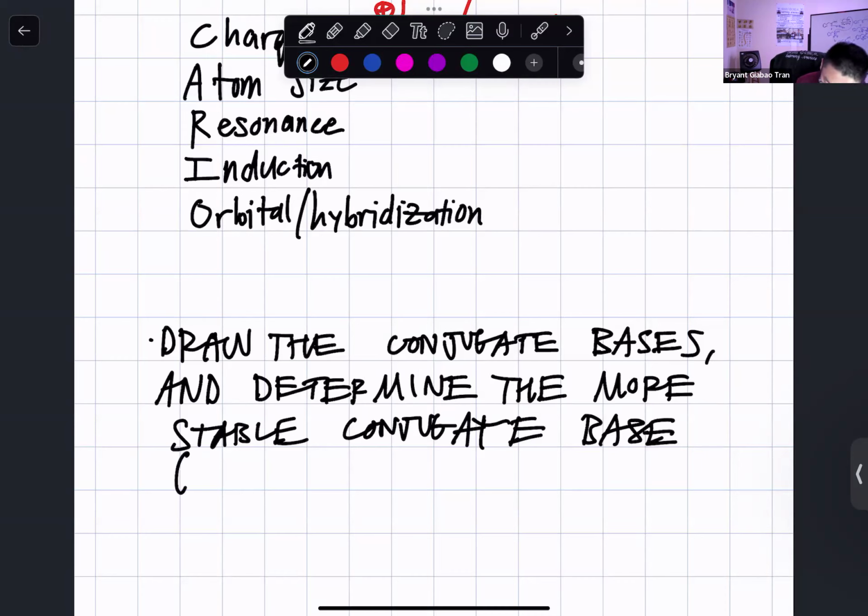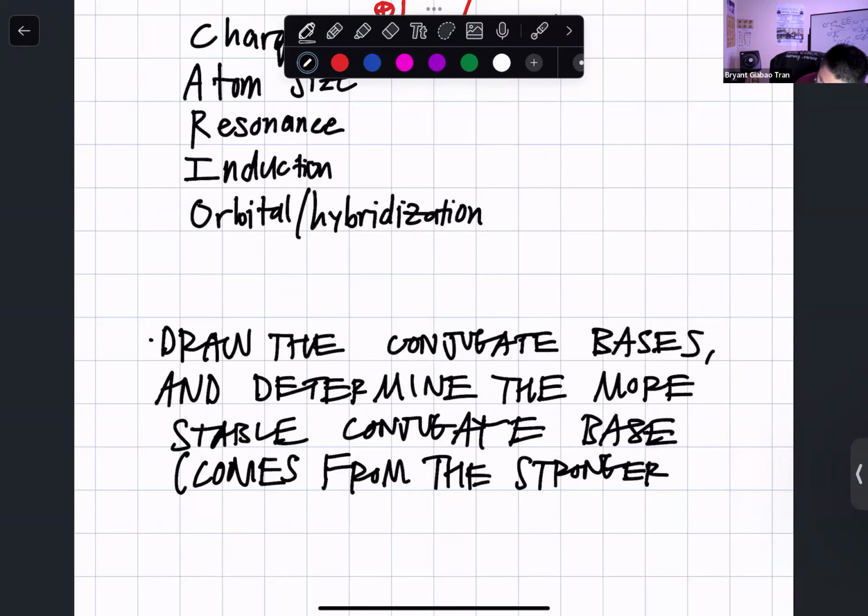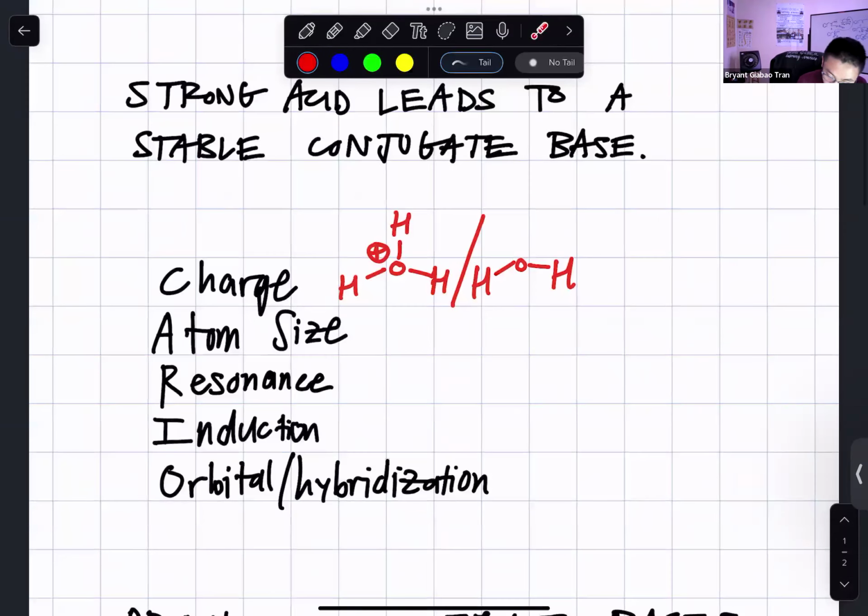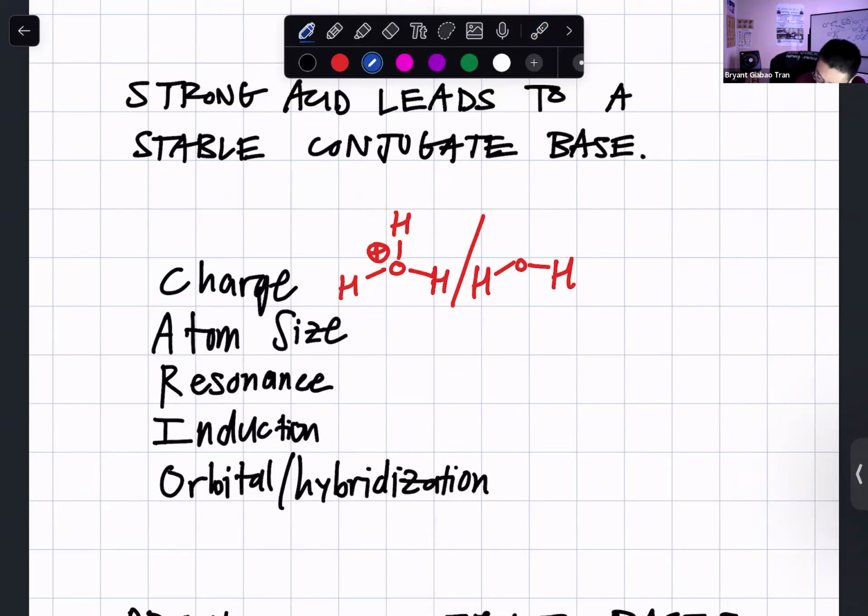And that more stable conjugate base comes from the stronger acid. To draw the conjugate base, imagine some base comes around and deprotonates the acid. When it gets deprotonated, we get these conjugate bases.